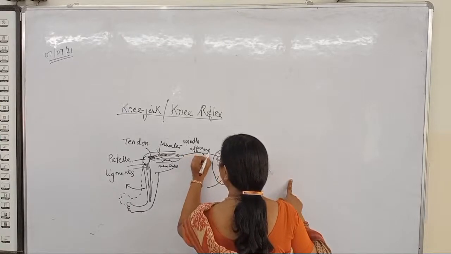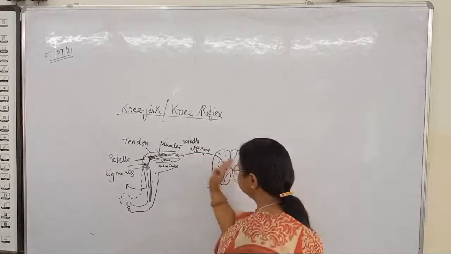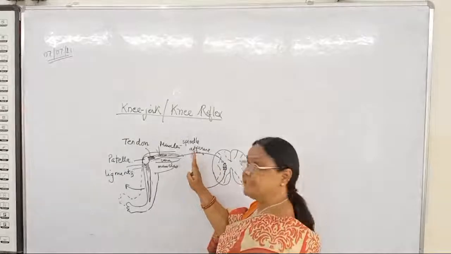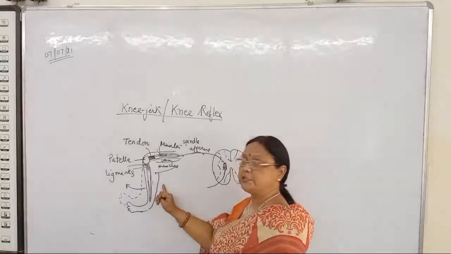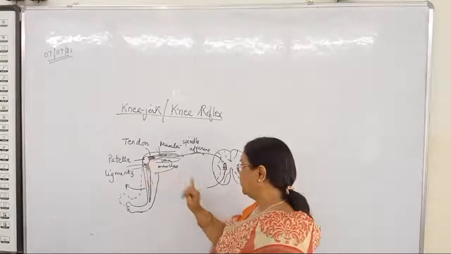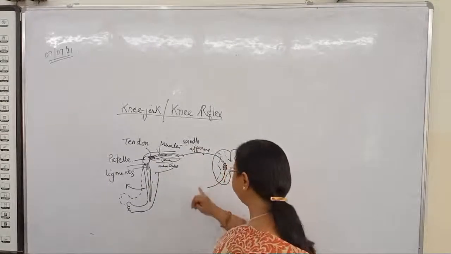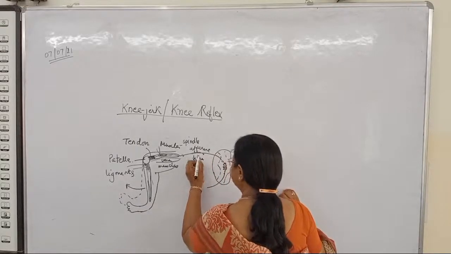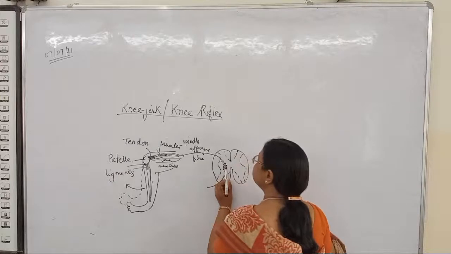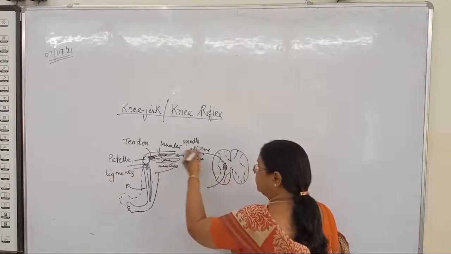As I told you, the fiber that brings in the information is referred to as afferent fiber, and the one that carries out the impulses to the effector organ is called efferent. So this is the afferent fiber and this is efferent. Now this is a motor neuron. This is the sensory part.